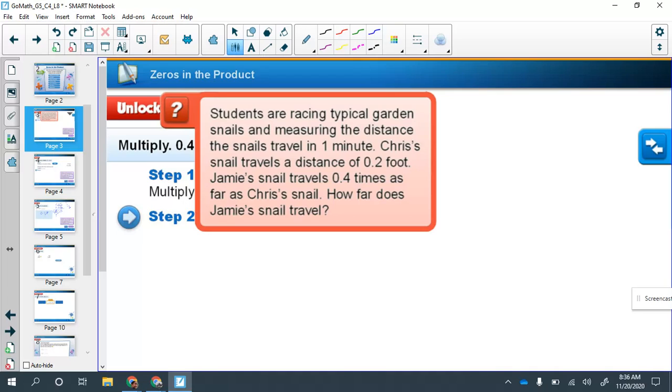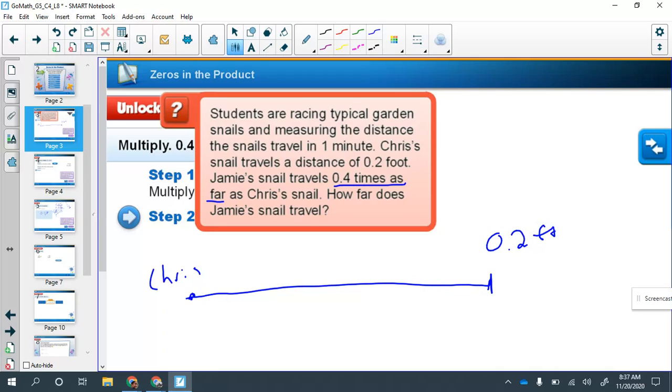Well, hopefully we recognize that it says right here that it travels 4/10 times as far. So if we have Chris's snail, and his snail travels from here to here, and this is 2/10 of a foot, well, Jamie's snail travels 4/10 times as far.